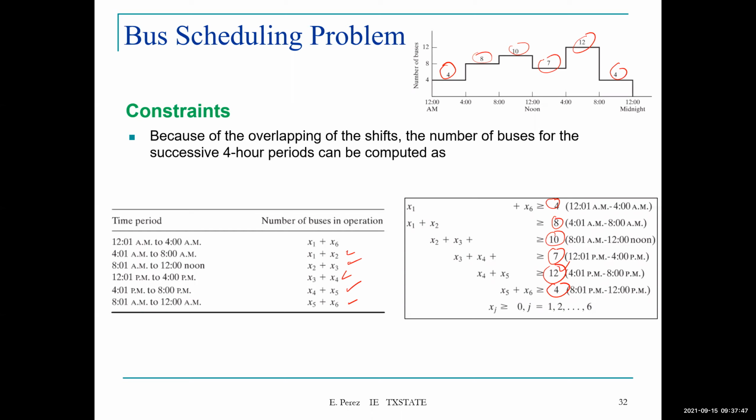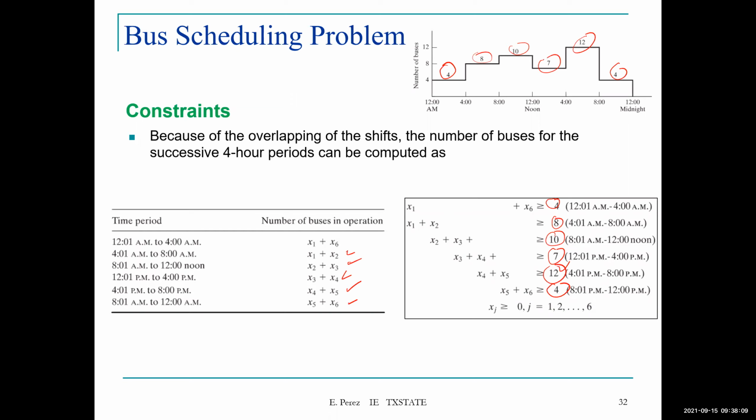And for the time period between 4 a.m. to 8 a.m., we need at least 8 buses. So the summation of X1 plus X2 has to be greater or equal to 8. Same thing from 8 a.m. to 12 p.m. We need at least 10 buses. So we want the summation of X2 plus X3 being greater or equal to 10.